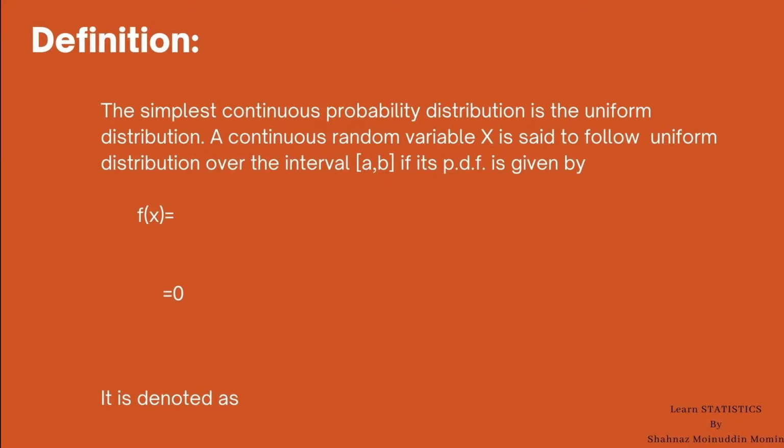The simplest continuous probability distribution is the uniform distribution.